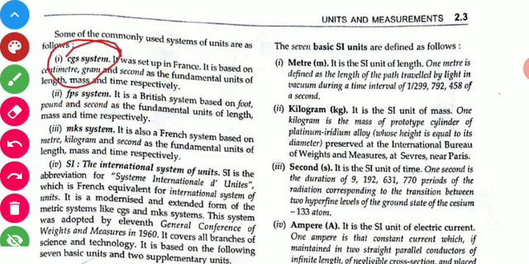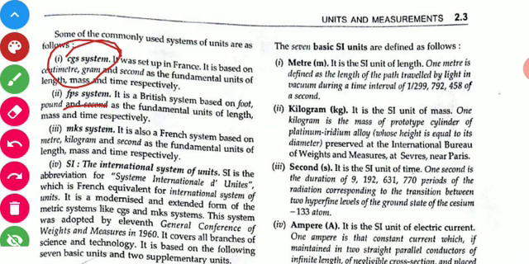In the CGS system, we measure length in centimeter, mass in gram, and time in second. In the FPS system, the British system, we measure length in foot, mass in pound, and time in second.